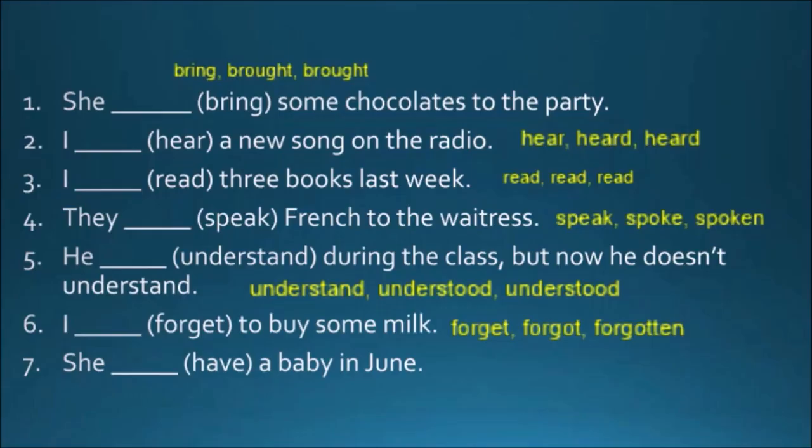Let's have a look at the 3 forms of our word. So there you can see our 3 forms. Have, the infinitive, had for past, and had, again for past participle. So she had a baby in June.